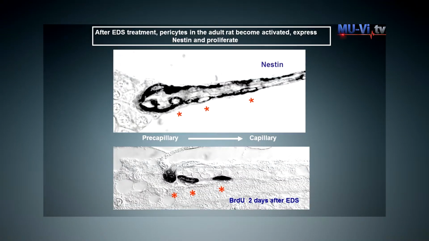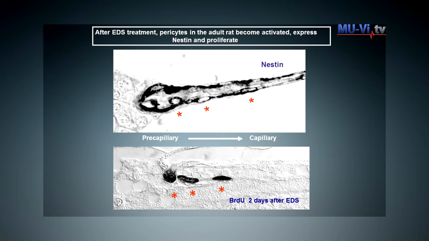You see here a capillary and a precapillary also. After intoxication with the toxic agent, a very strong activation of the neurofilament protein nestin becomes evident in the pericytes.